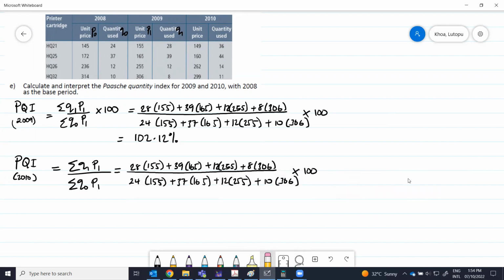Okay, so what is going to change are our quantities here.